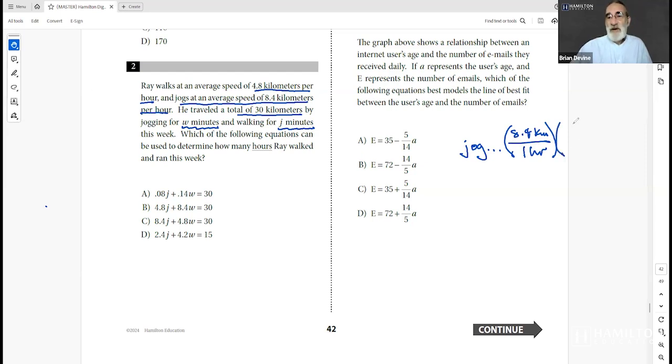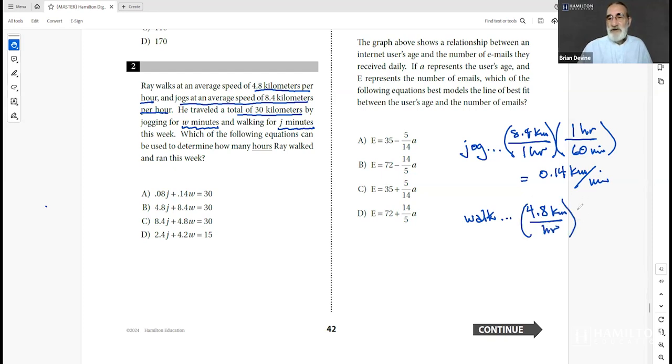So I know that 1 hour is going to be 60 minutes. And so the jog rate should be 0.14 kilometers per minute when I take 8.4 and divide it by 60. And if I look at his walk, then I'm going to have 4.8 kilometers per hour.